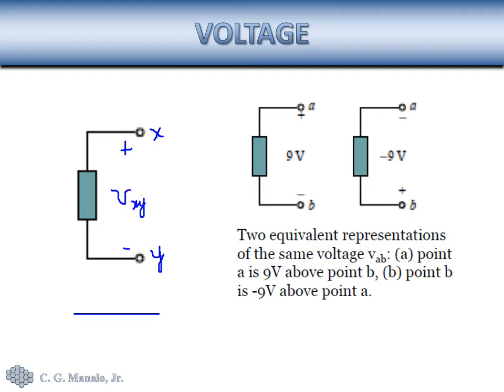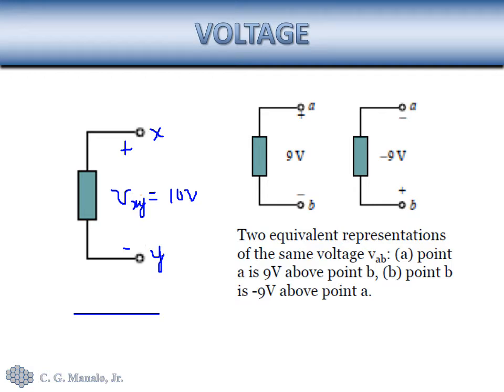And let's say that upon measuring or computing the voltage across the element, we got a positive 10 volts. If we measure or compute a positive 10 volts, that confirms our labeling of the polarity.